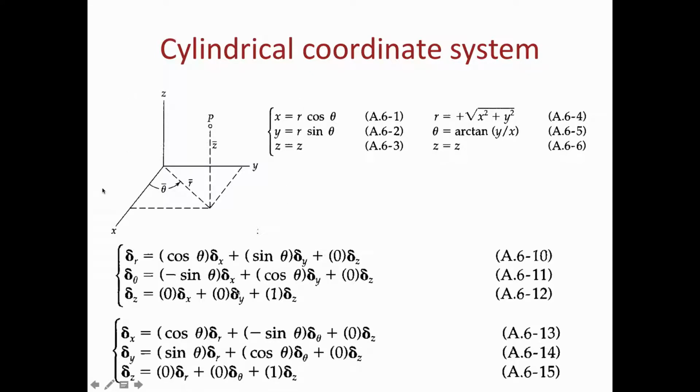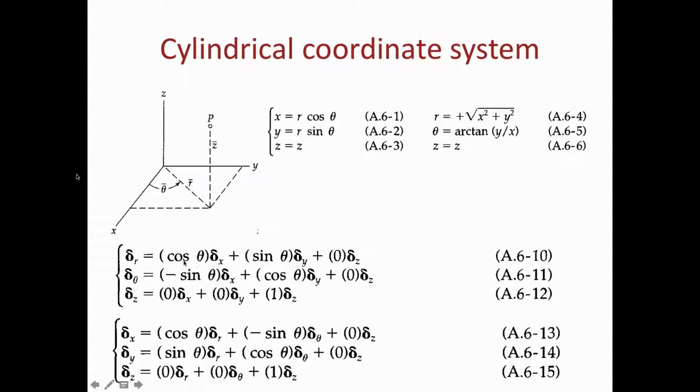For any vector, if I have a vector representation in one coordinate system, I can go back and forth basically with these two sets of equations. This is basically your r, theta, z coordinates, and you can treat delta x, delta y, and delta z as x, y, z coordinates of a vector.